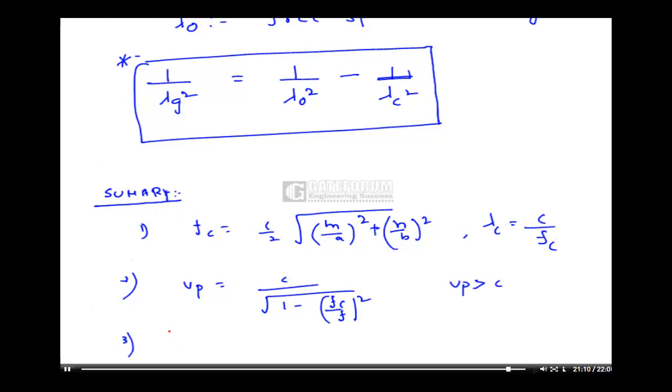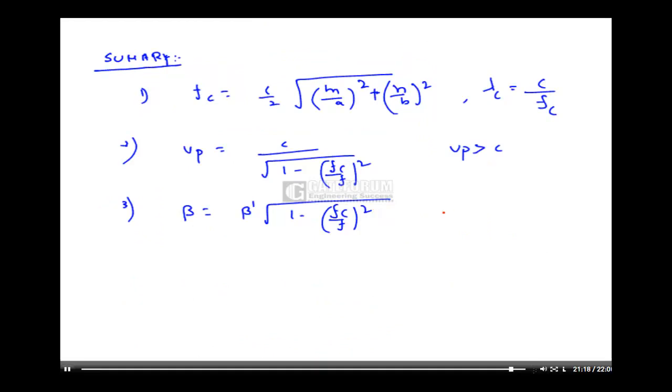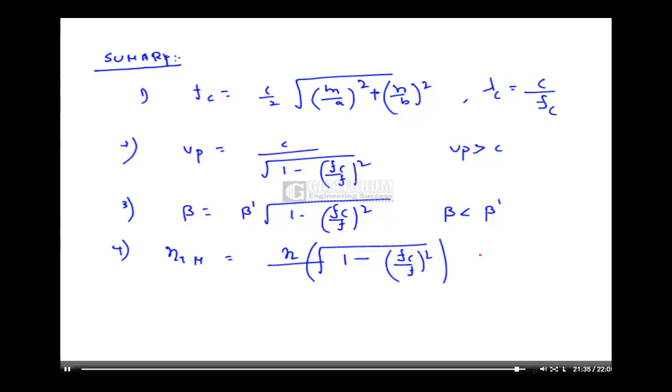Third one is beta is equal to beta dash into square root of 1 minus (fc by f) whole square; beta is less than beta dash. And the fourth one is intrinsic impedance eta TM is equal to eta dash into square root of 1 minus (fc by f) whole square, so eta TM is less than eta dash.